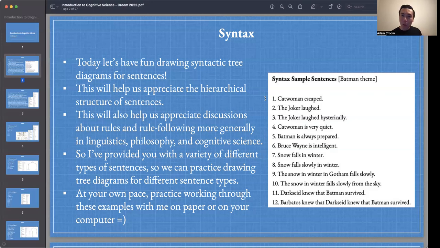Okay, although we could spend a whole semester focusing on syntax, investigating all the syntax, the phrase structure rules, we can ask more fine-grained questions such as, what is a noun? What is a verb?